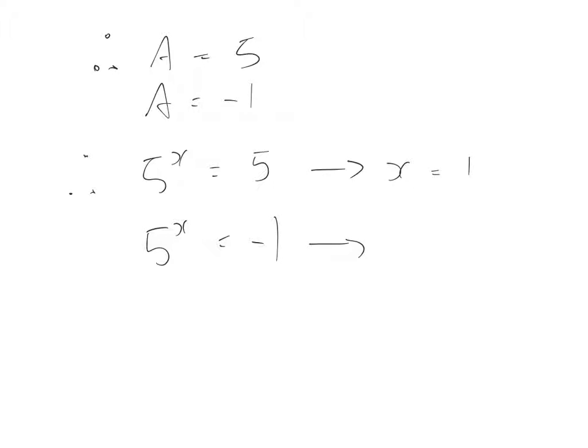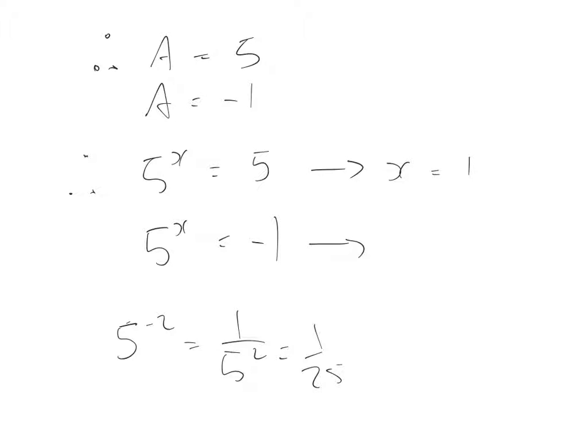When we raise a number to a negative power, what does it do? Yeah, it just makes it a fraction, doesn't it? So if I have 5, I'm just going to pick a number like negative 2. It actually doesn't make the number negative, it just turns it into a fraction, 1 over 25. So x being negative won't give us a solution, it'll just give us a fraction which is not going to be equal to negative 1.